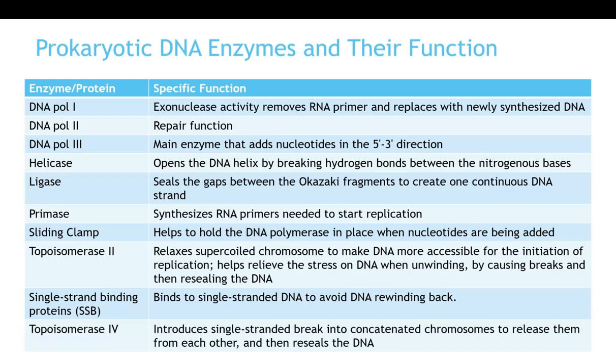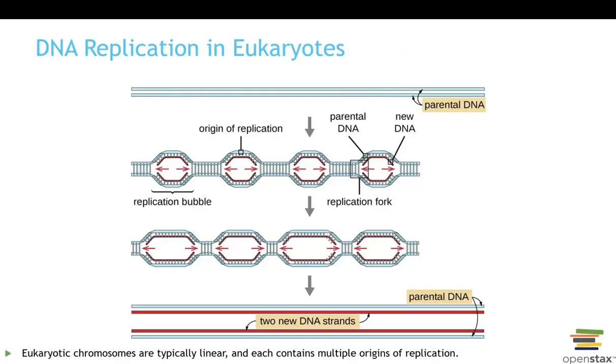So this is a very nice summary table for you guys. You can see the important enzymes and their functions in prokaryotic cells. And eukaryotic cells are going to have the same steps in DNA replication. There are some differences, as you can imagine, because eukaryotic cells are much more complex.